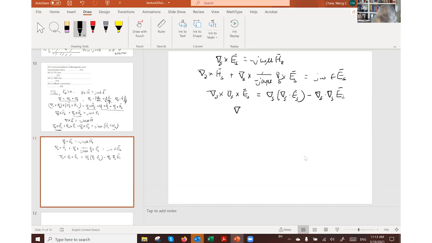I know that the divergence of E is equal to 0 in this waveguide, and I'm looking for TE modes, so E_z is equal to 0. Then this equation readily reduces to the transverse divergence of E_s being 0, and hence this must be true. And the double curl operator gets simplified. It just becomes a Laplacian.